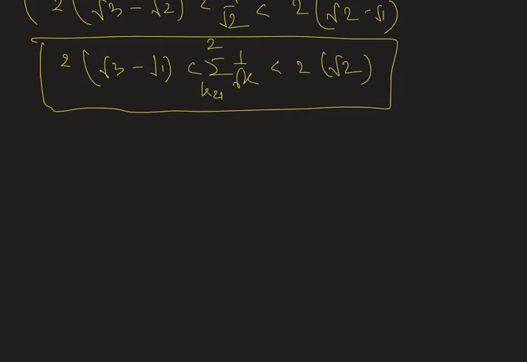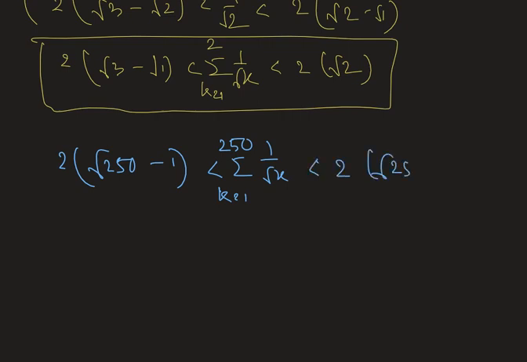Now if we add those inequalities from 1 to 250, we get 2 into root over 250 minus 1 less than the sum over 1 by root over k, k equals 1 to 250, and less than 2 into root over 250. Sorry, here we get 251.